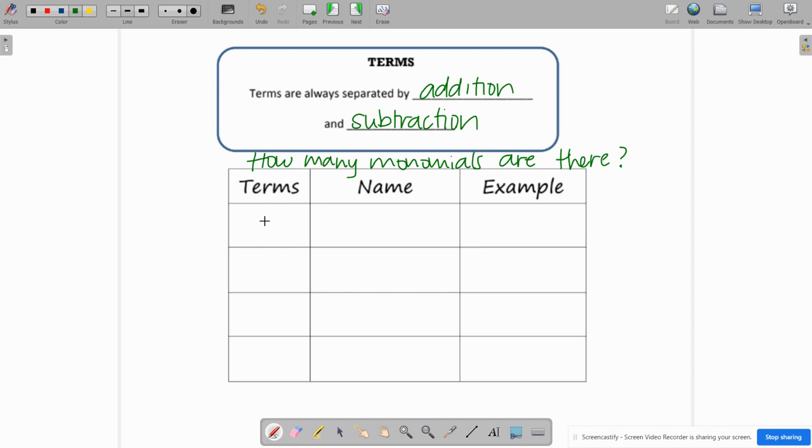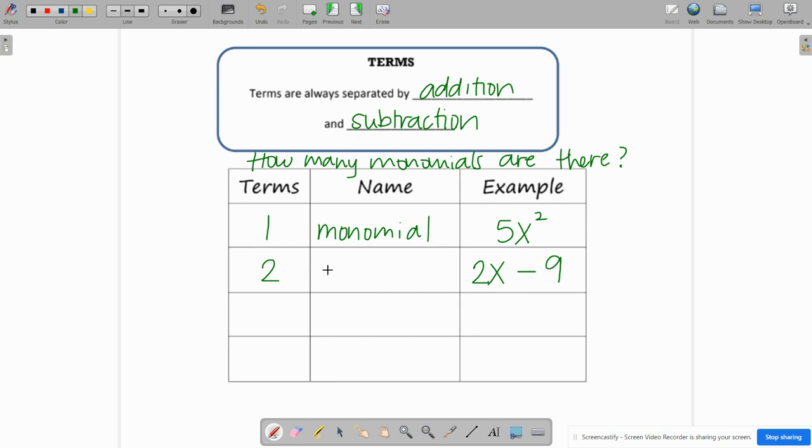So if you have only one term, we already know that this is called a monomial. For example, 5x squared. This is only one term because there's no addition or subtraction. It's a single monomial. If we have 2 terms, that means that we have 2 monomials being added or subtracted. Something like 2x and 9 being subtracted. 2x minus 9, here's your first term, and then negative 9 would be your second term.